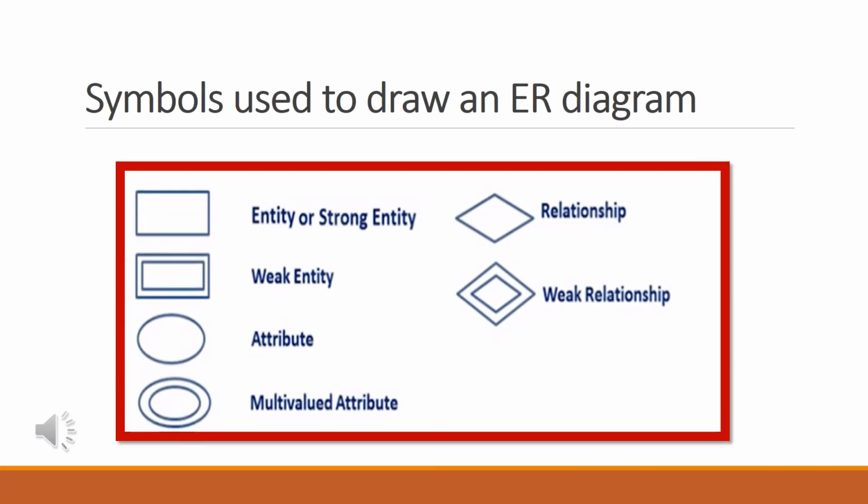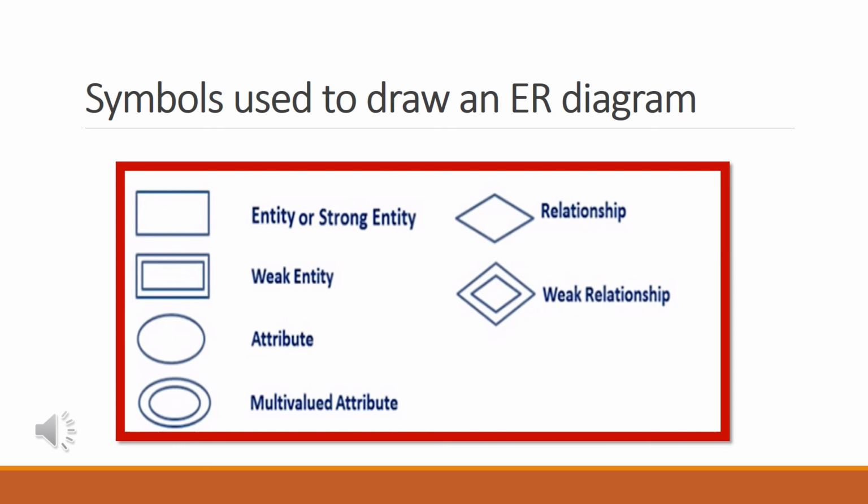Now these are the symbols that we use while drawing an ER diagram. The first one is the entity, or you can say a strong entity. It is represented by a rectangular shape, and this is the name of the entity. Then the second one, we have the weak entity types, which are represented by double rectangular boxes. Then we have the attribute. These are represented by the ellipse.